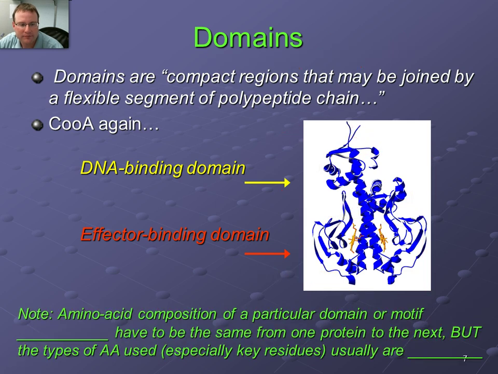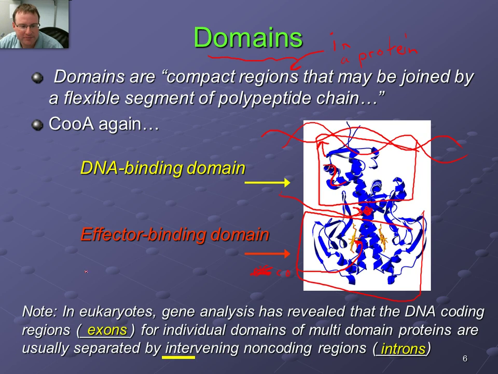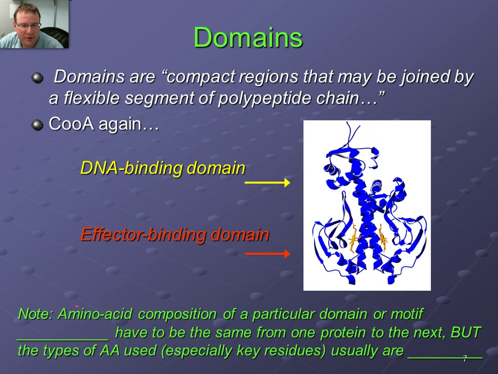All right. Oh, and then I suppose it's worth making one more quick wrap-up point, which is that when we think about the amino acid composition of a particular domain, so again we have our effector binding domain here, it's amusing to note that the amino acids that make up a particular domain in one protein do not necessarily have to be the same from one protein to the next.